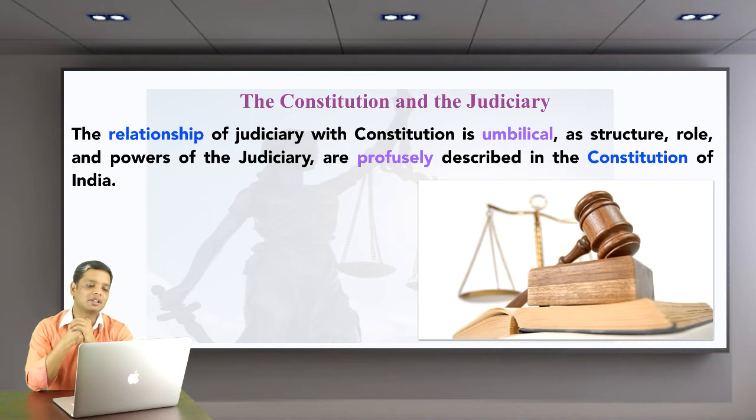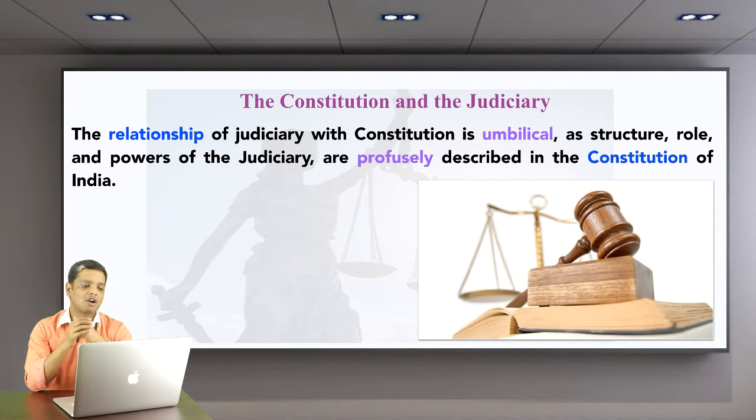I have used the term umbilical. It means there is a very deep relationship between the judiciary and the constitution, because the existence of the judiciary is basically derived from the constitution itself. So we cannot think about the judiciary without the constitution.